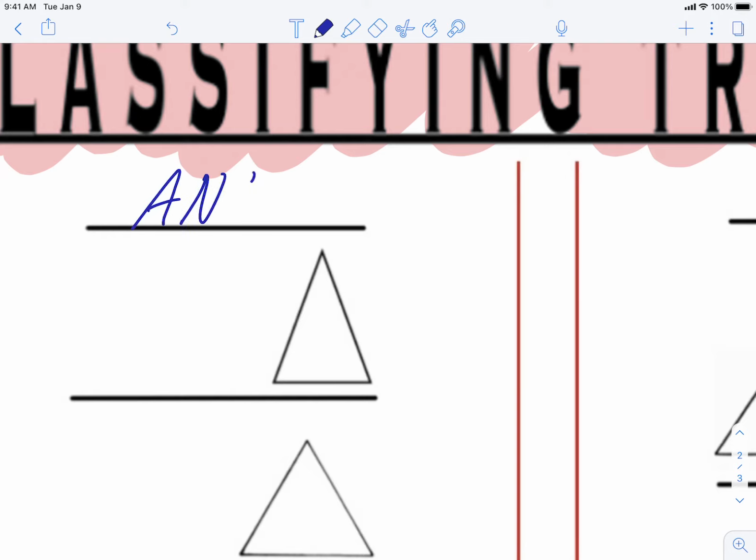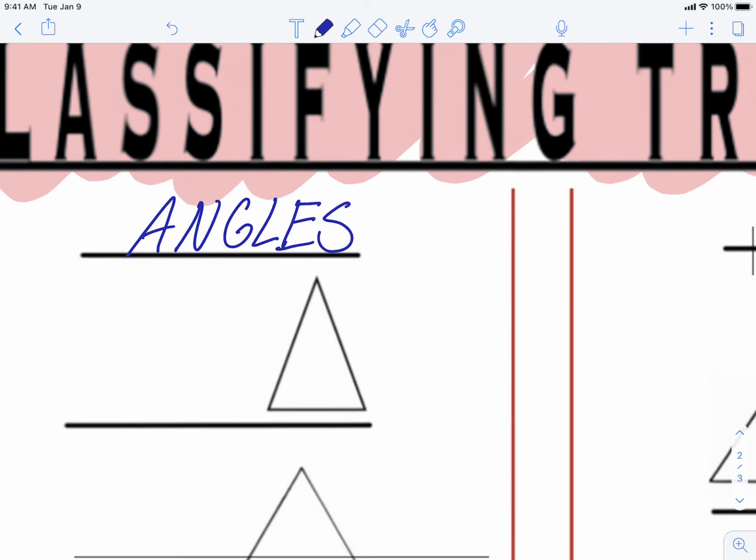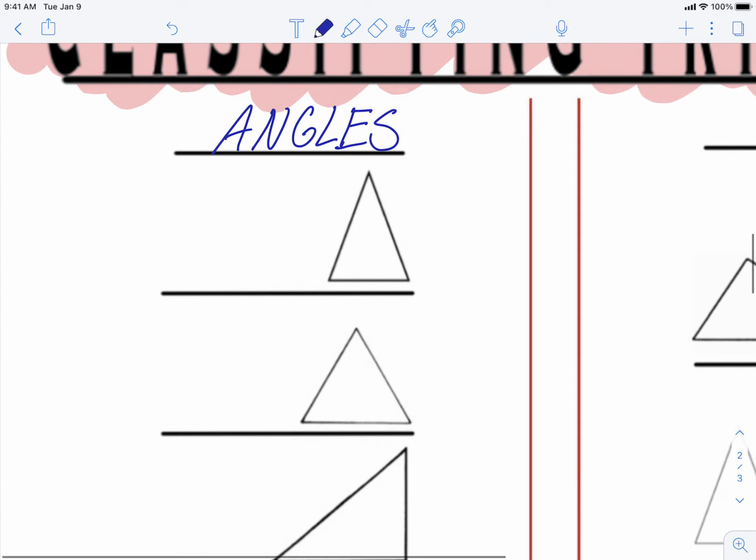This is the common way to start because the word triangles has tri in it, meaning there are three angles within the triangle. Now, there's a way to classify those.